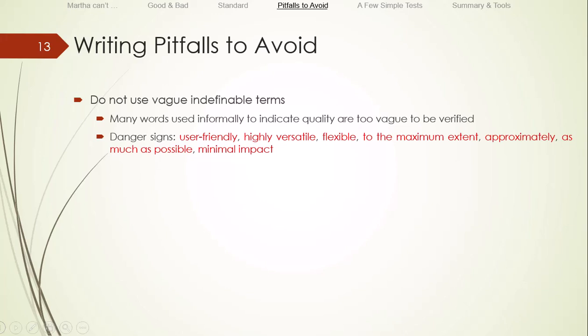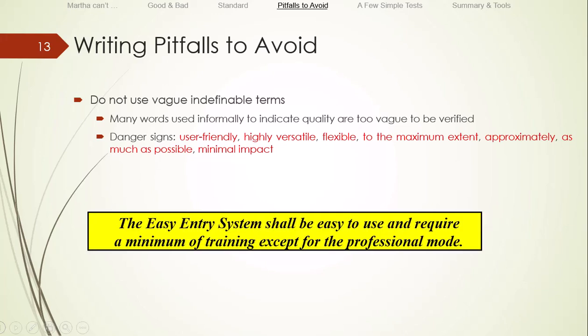Minimal impact: what does minimal impact mean? There is no specific value, so it is not measurable. Approximately: how much approximately? To maximum extent: what is that upper bound? Flexible: what does flexibility mean? So don't try to use these. For example: the easy entry system shall be easy to use and require a minimum of training except for a professional mode.